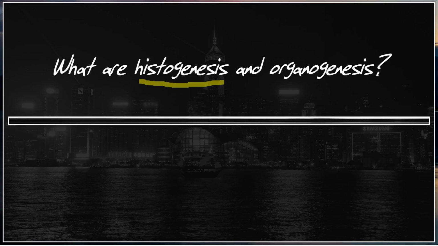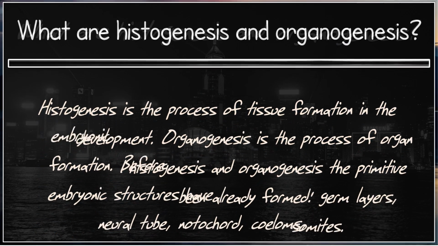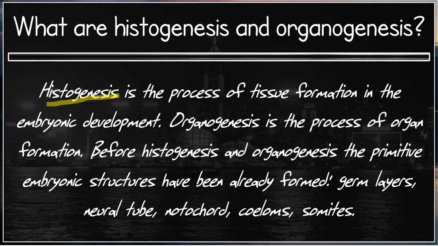What are histogenesis and organogenesis? Histogenesis is the process of tissue formation in the embryonic development.